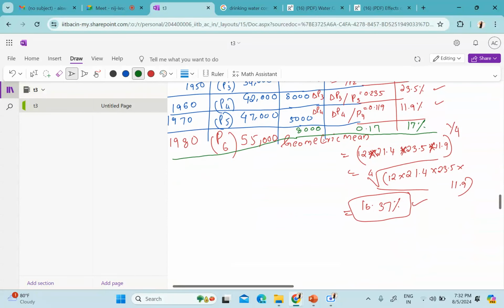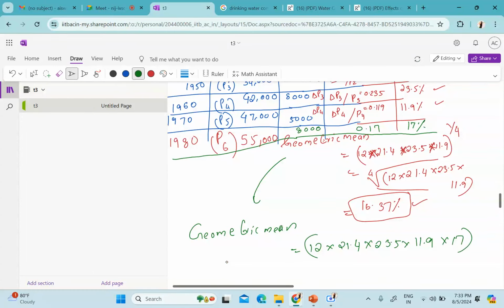And then in this case, if you want to calculate the geometric mean, it will be 12 into 21.4 into 23.5 into 11.9 into 17, then the whole raised to 1 by m. What is this m value here?